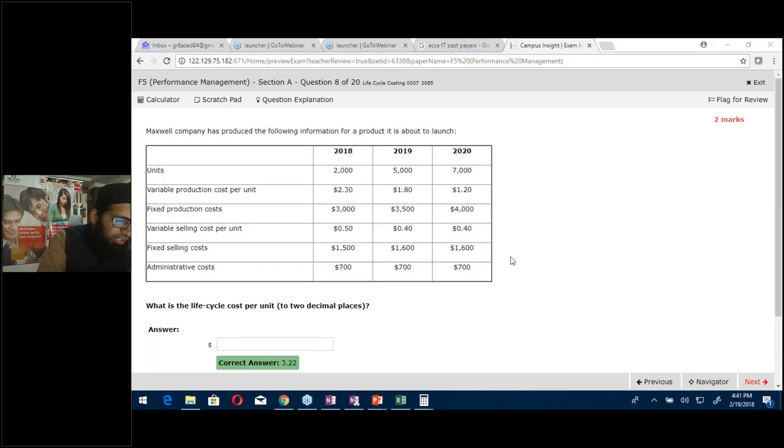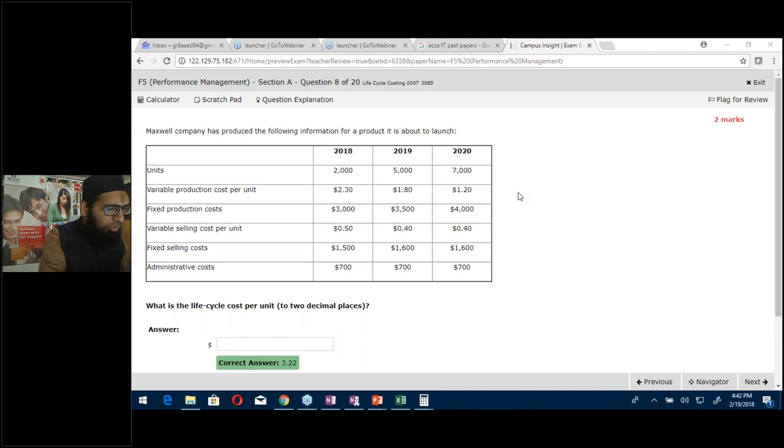So now let's calculate the life cycle cost per unit. And this is a very easy question. What you all have to do is calculate the total cost in all the 3 years and then divide it by the total number of units in the 3 years. So let's first start with the variable cost.